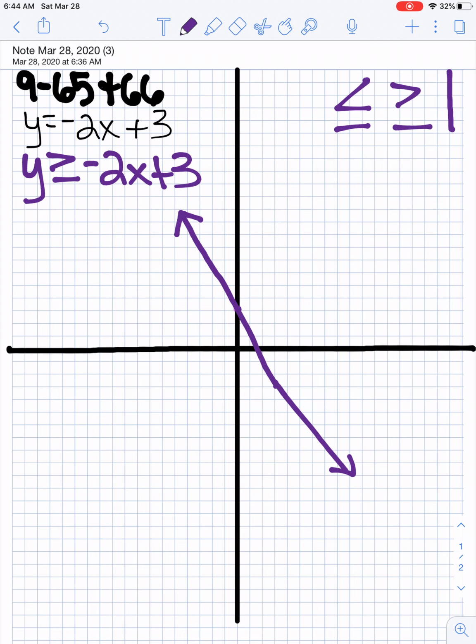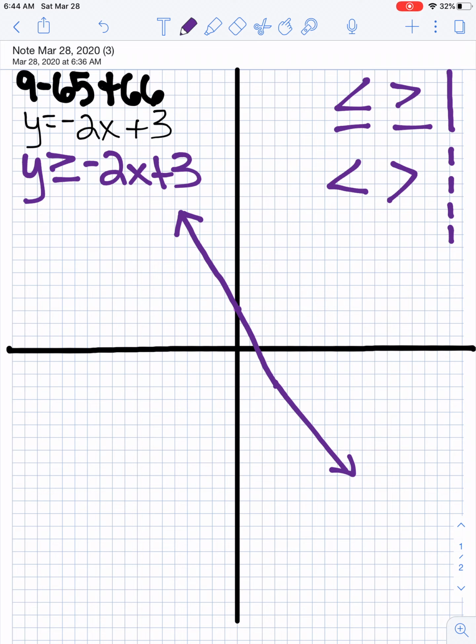Okay? If you have the less than symbol or the greater than symbol, the line is going to be dotted, okay, and not solid, because it's not going to include what falls on the line.